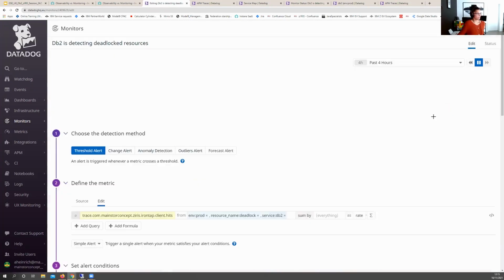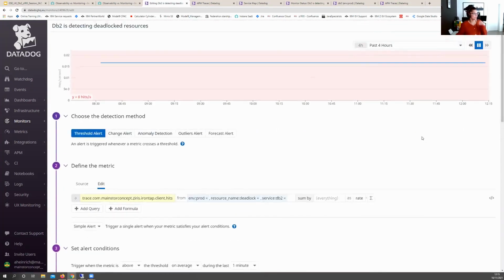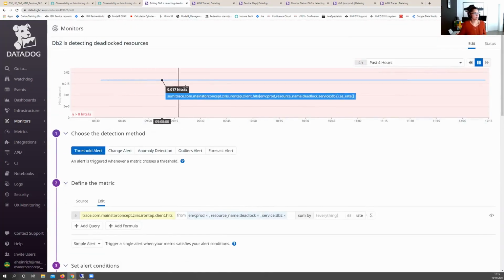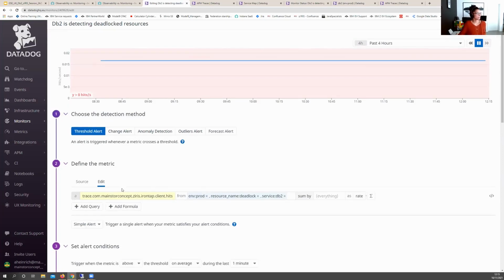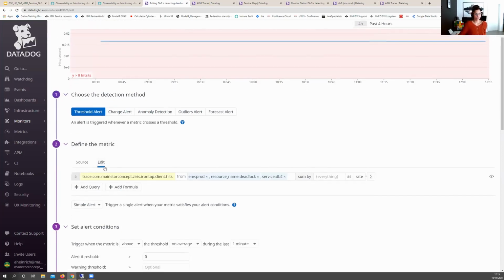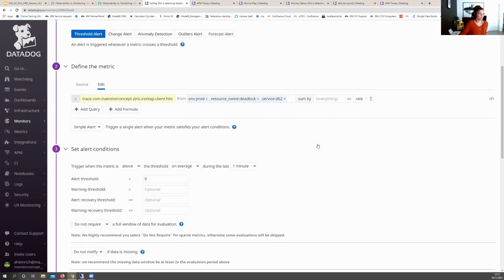I'll just edit it. So how it works is you can say this is going to be a threshold, a change alert, an anomaly detection, or any outliers or forecast alerts, so the type of detection method you want to use. And then you define what metric you want to base that on. And that metric in this case is extracted from the traces, right? And you can say, how do you want to measure that using which application types? You can sum it up.